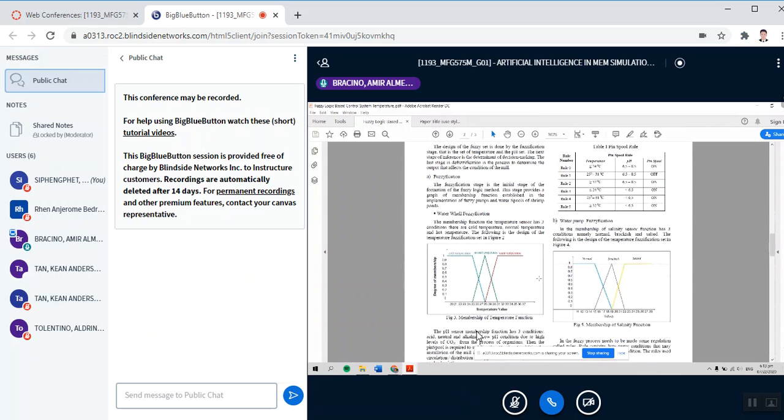For example, for the temperature, they have designed this degree of membership, and they use the ideal temperature for the Vaname shrimp as the normal temperature, whatever is lower than that will be the cold temperature, and whatever is higher will be the warm temperature.